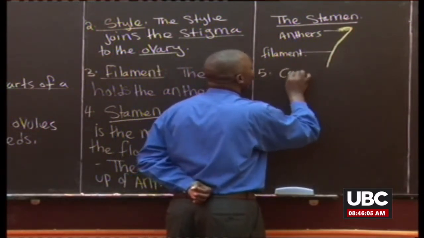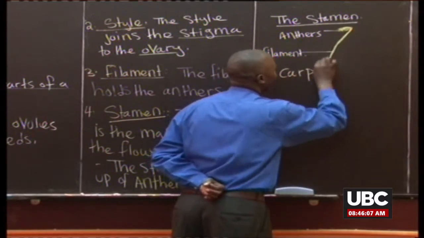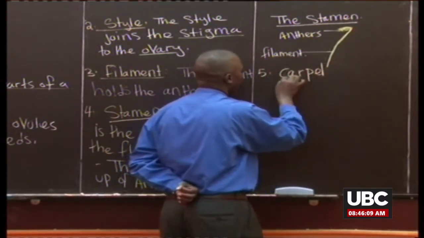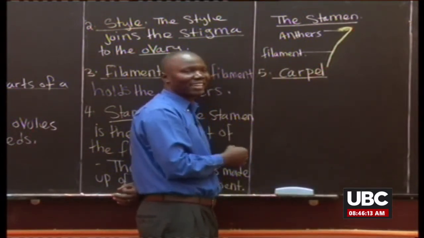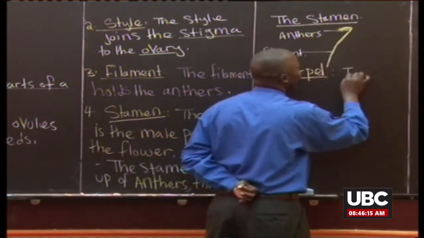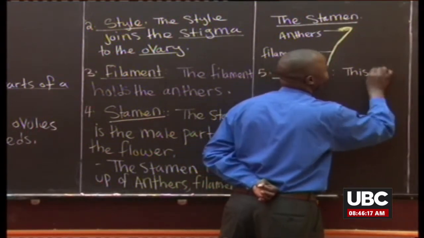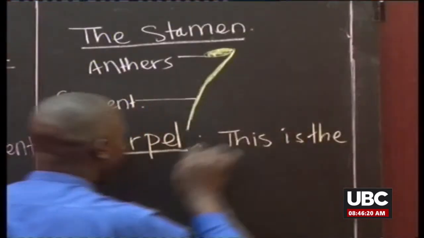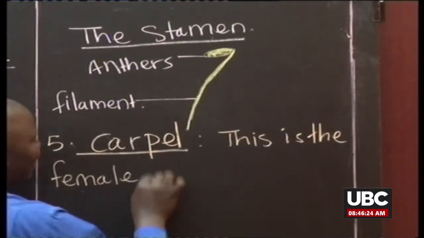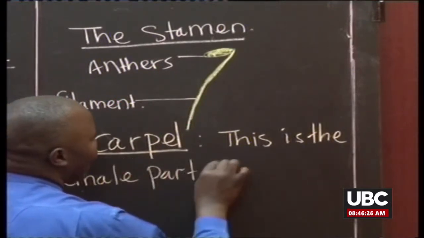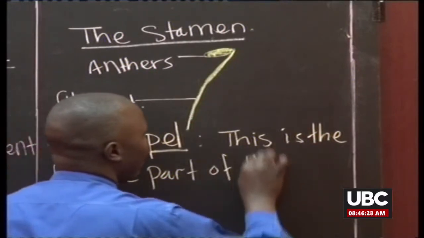We have what we call the carpel. The carpel is the female part of the flower. So we shall say, this is the female part of the flower.